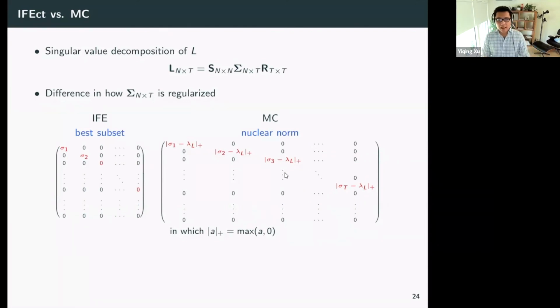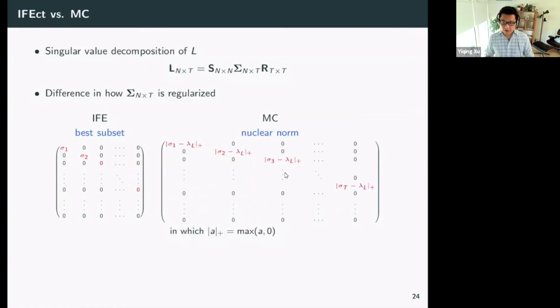We have T eigenvalues, but the best subset will impose 0 on a large number of eigenvalues. Only the first few eigenvalues will remain positive. Imagine you're running a PCA and you have a bunch of principal components, and you tell the algorithm, or tell your reader when you write a paper, that I only care about the first 2 principal components. So I keep the first 2 eigenvalues, and I impose the rest of the eigenvalues to be 0. Those will be in the error terms.